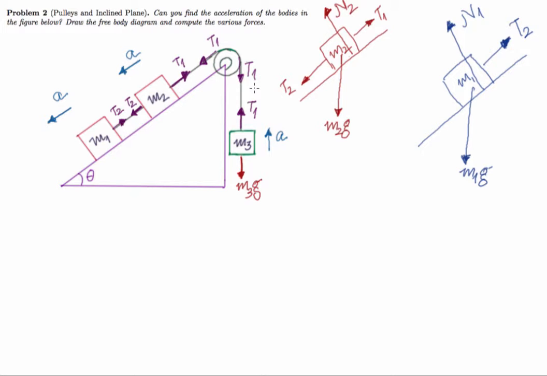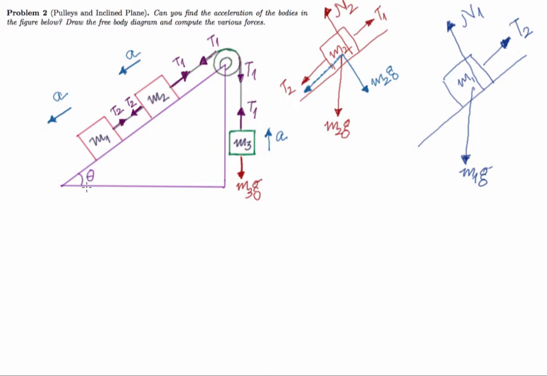Now, for masses M2 and M1, we have to simplify the free body diagram so that we can write the force equals ma equation. And we have already done this in the class. We will want to find the component of M2g which is parallel to the incline, because that will actually be accelerating the block, and we'll find the force acting on M2 perpendicular to the incline, which basically will cancel with the normal force.